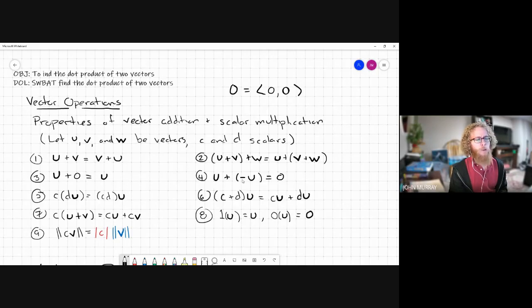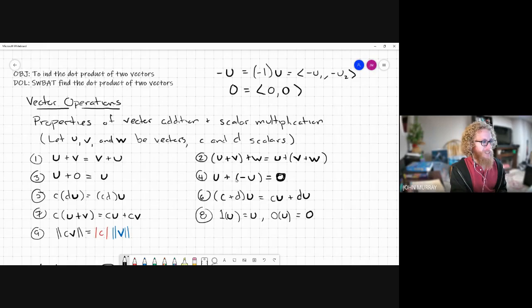So if I add u to the opposite of u, and again, remember this, negative u is multiplying your vector u by the scalar -1, which just makes your inside values opposite. So if you took some vector u and added the opposite to that, you're going to get the 0 vector. And again, that's a bold 0 there.